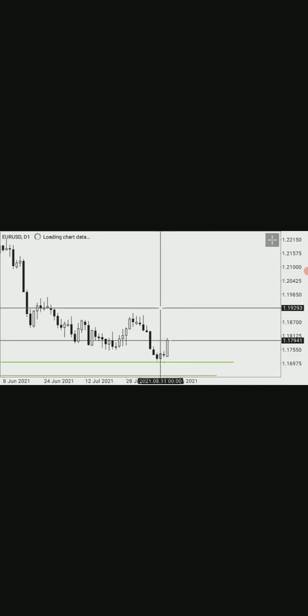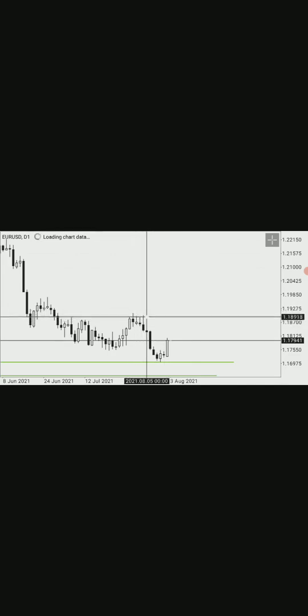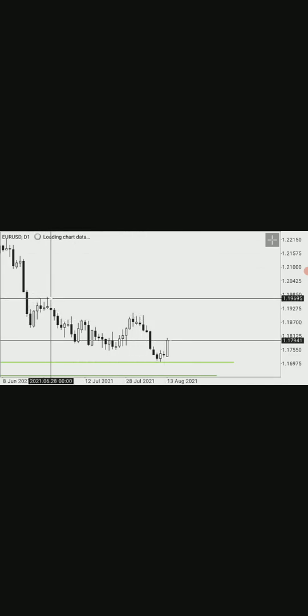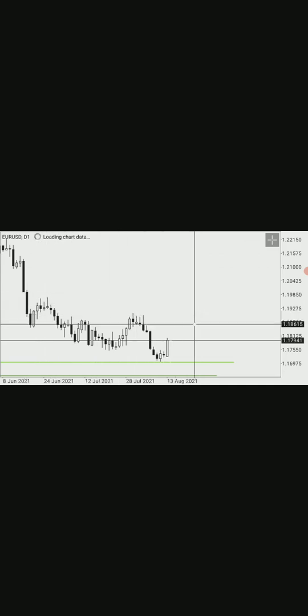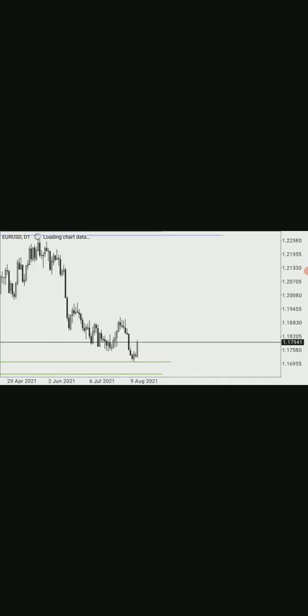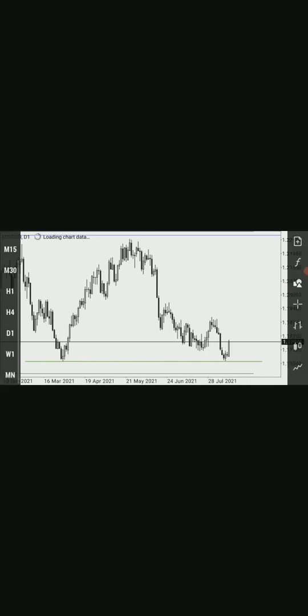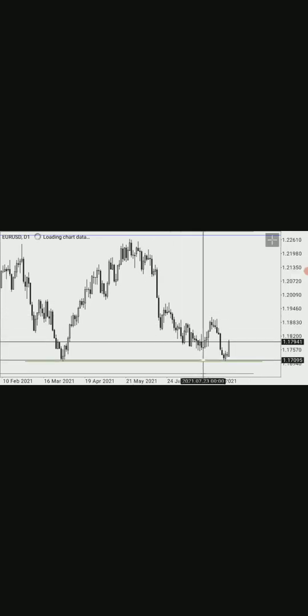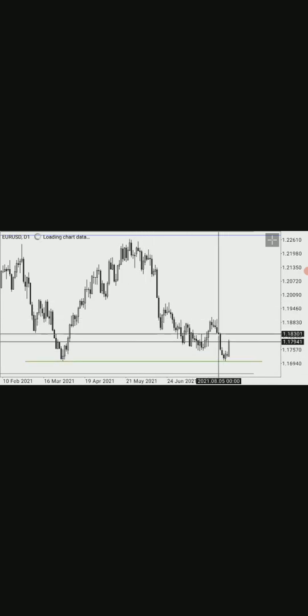I'll look for it to trade higher, offsetting these highs, then ultimately coming down up here to take out this high as well. That's what I'll be looking for. This also did not take out its low, just like the dollar did not take out the low. So I'll be looking for this to go higher.